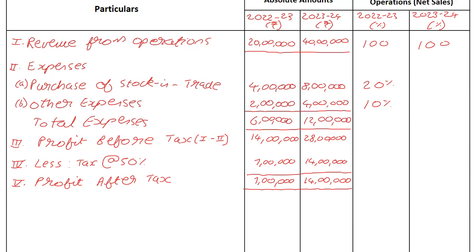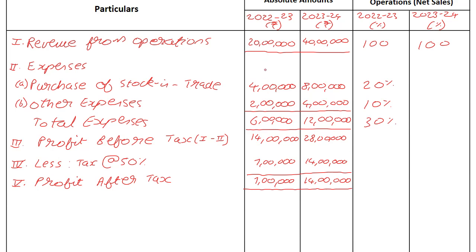Similarly, over here, it is 6 lakhs. Also remember, literally this is 60 and this is 200, and if we divide both, we'll get 30 and 100. However you want to do it, you do. It's very easy to get these numbers. Then you have your profit before tax, and now we have 14 lakhs upon 20 lakhs.